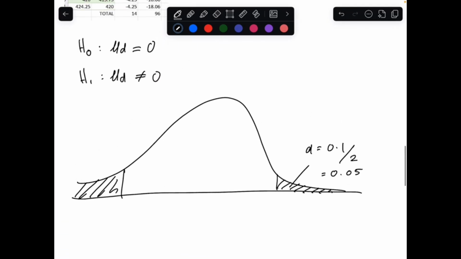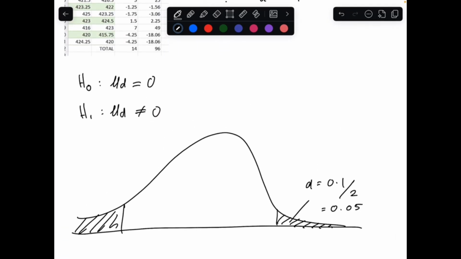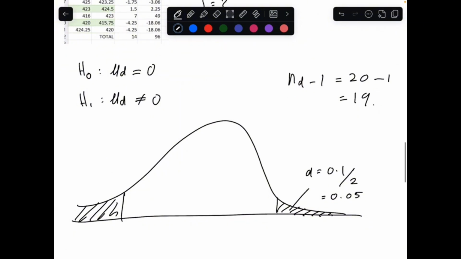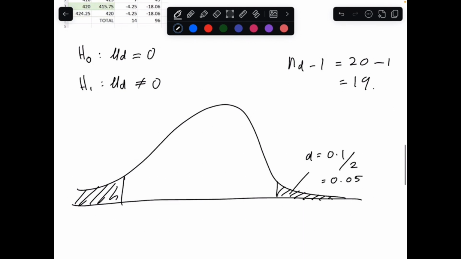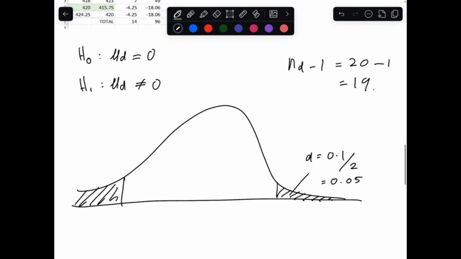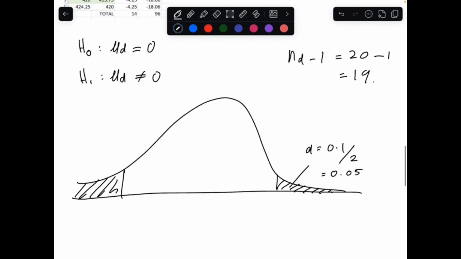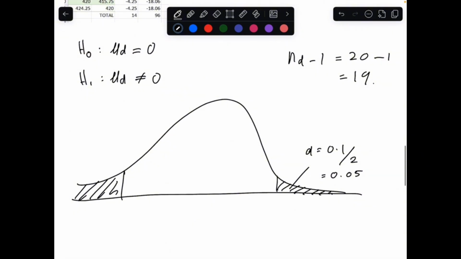Because it is a t table, we use the degrees of freedom: number of samples minus 1. So we get 20 minus 1 equal to 19. From the table, we look at the 19th value and we get 1.729.